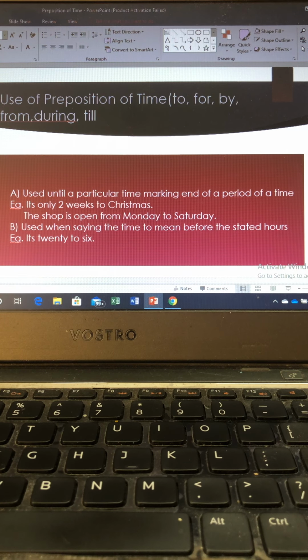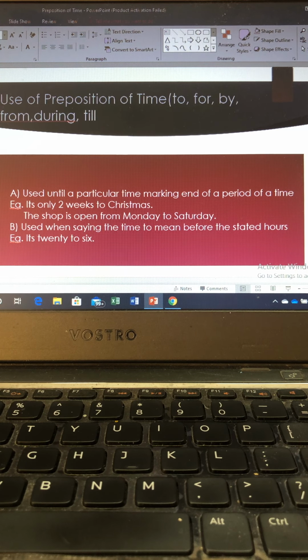In Hindi what we say, 20 मिनट बाकी हैं 6 बजने में, right? If you simply say 6:20, 6 बजकर 20 मिनट, but if we are referring to how many minutes more are left, so it's 20 to 6. 20 मिनट बाकी हैं. So that's how we explain 20 to 6.